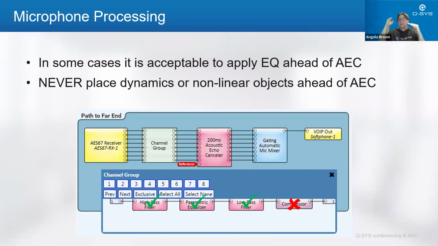Because the gating auto mixer needs level differences in order to open the gate. It needs to know, oh, this one's 10 dB louder, I should open that gate. And if you're compressing everything down... So again, just another example of taking the time to pay attention to your signal pathway. I know we're spending a lot of time on this, but it is very, very worth it.